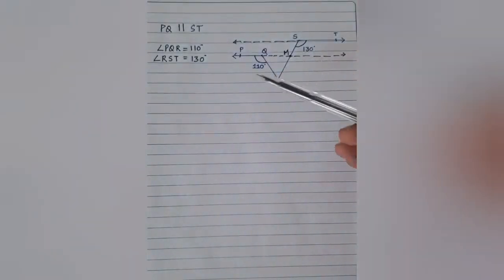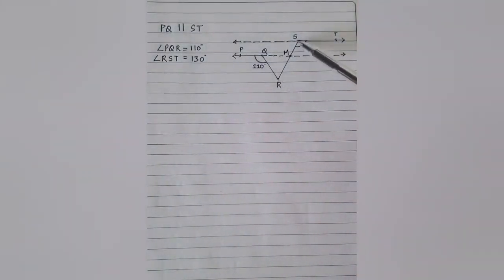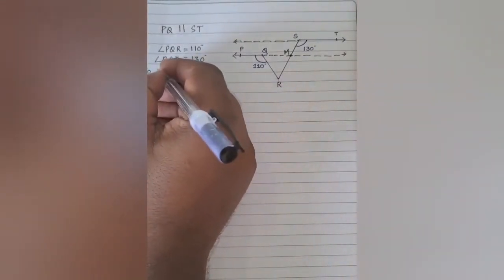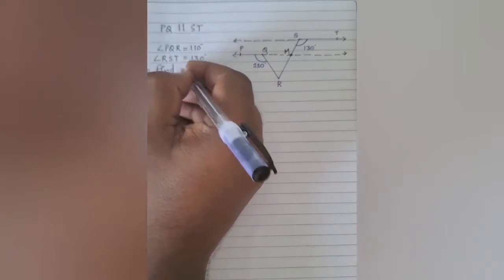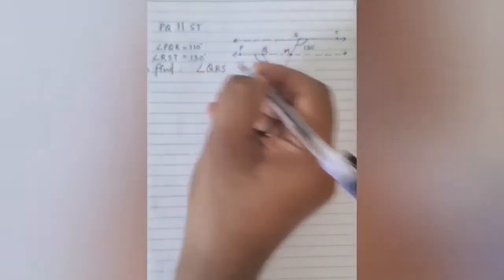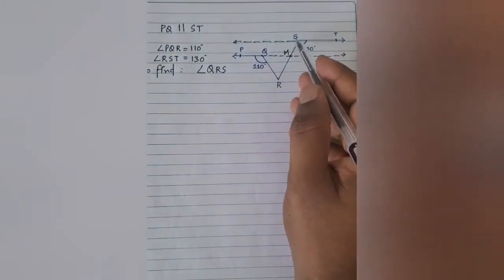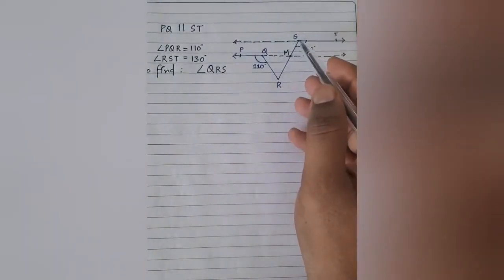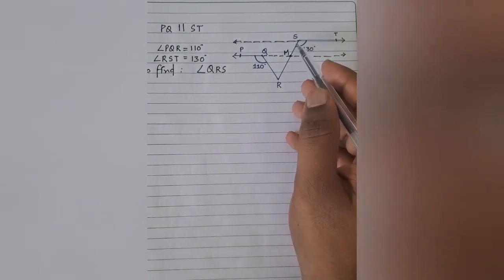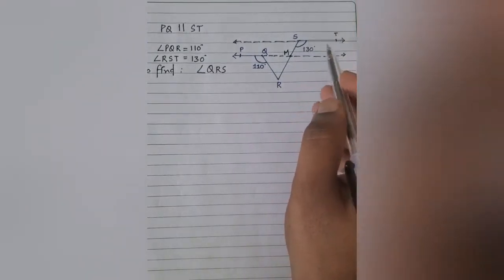Let's look into the figure: RST is also mentioned as 130 degrees. What are we supposed to find? To find is angle QRS.